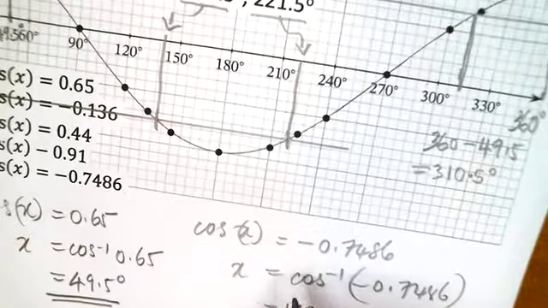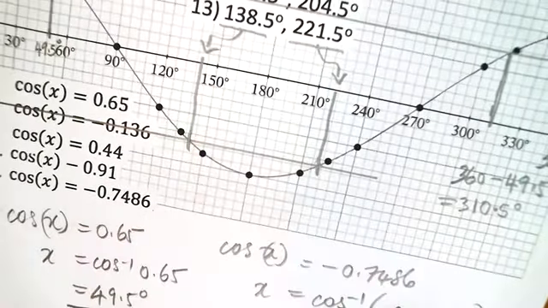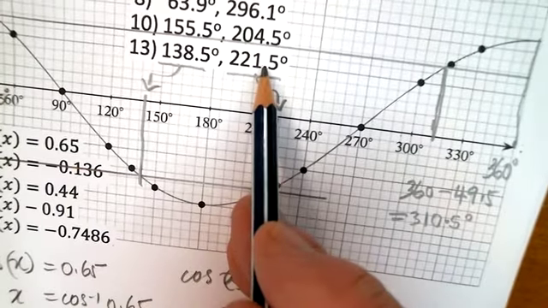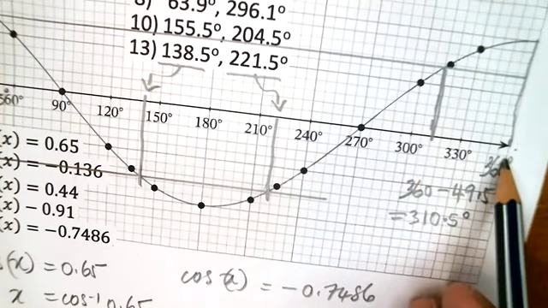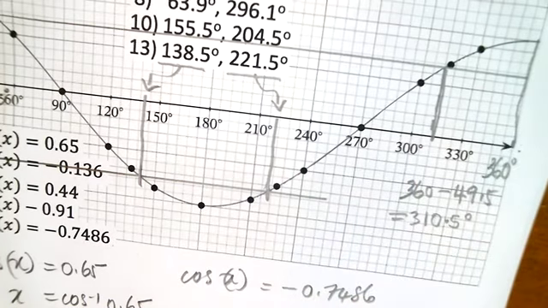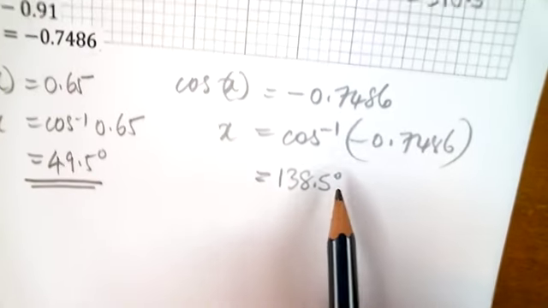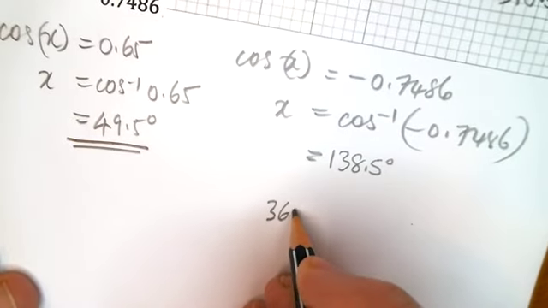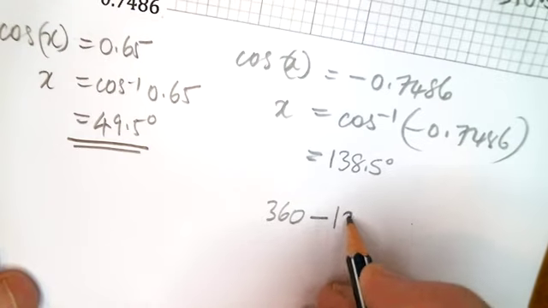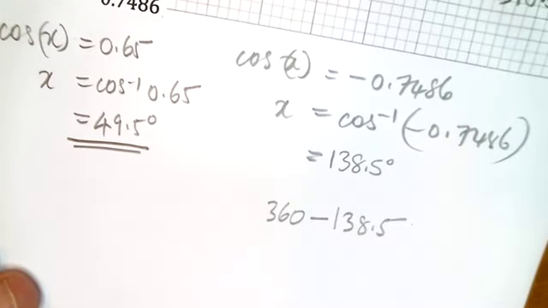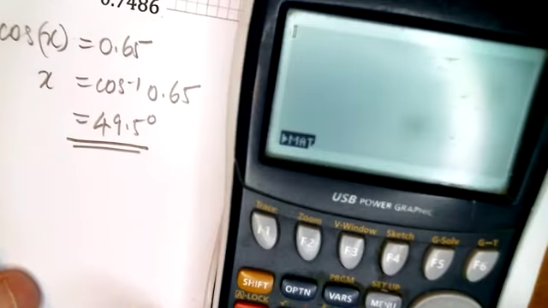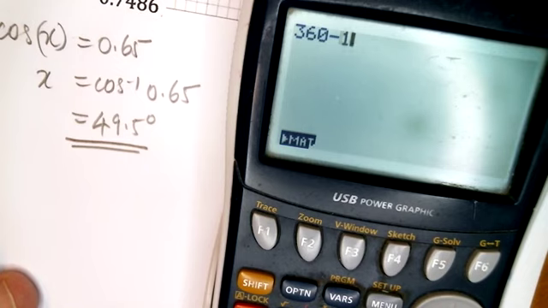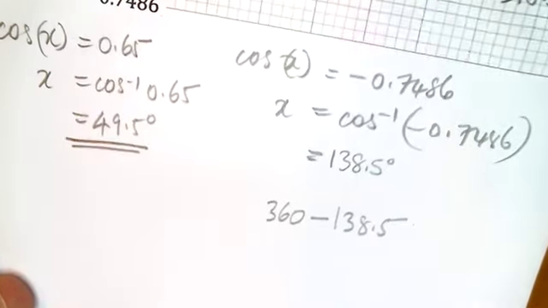So this we're saying is in fact 138.5, but if we want to find this one, we're now coming from the other side. We're taking 360, we're subtracting the 138.5, and we should end up at 221.5. Let's see if that works. So I've got 360, subtracting 138.5, and we end up with 221.5.